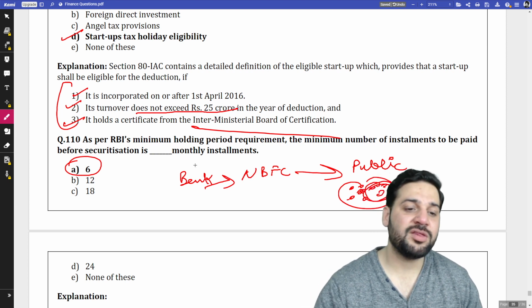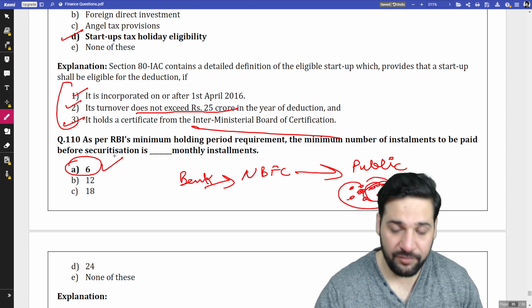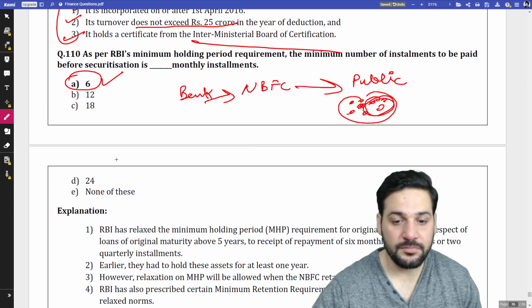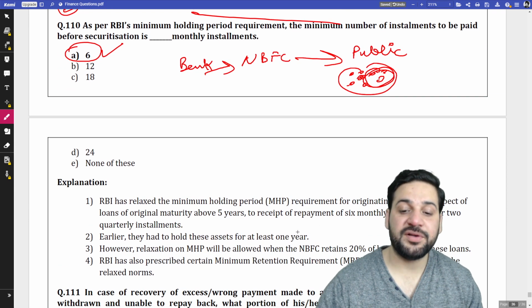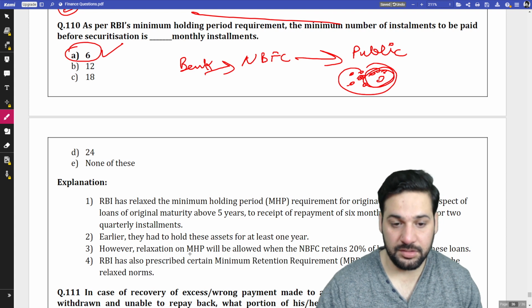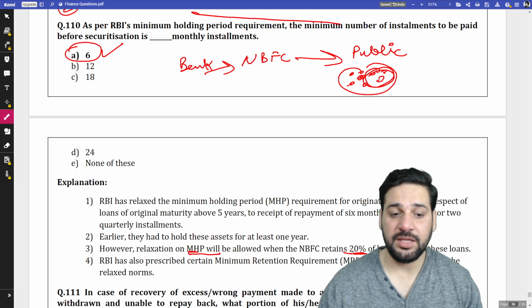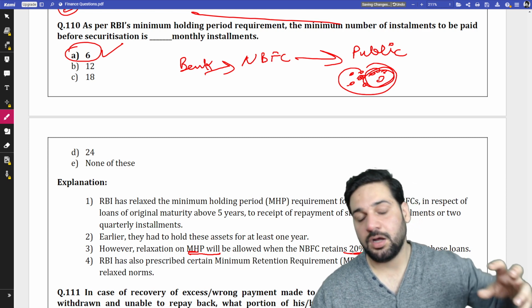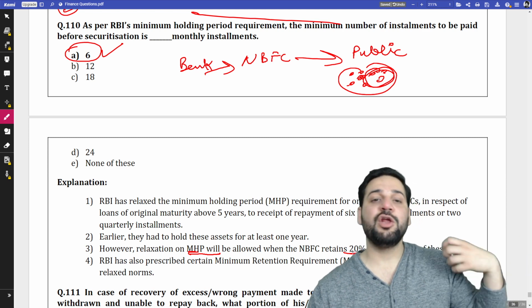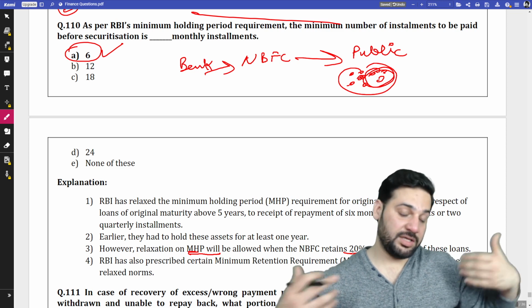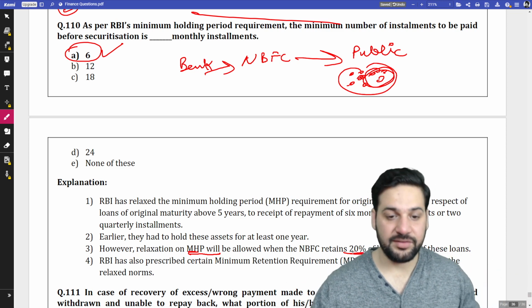So this many installments should have already been collected, and the NBFC should hold 20% of the book value of these loans. So that's really, really important.